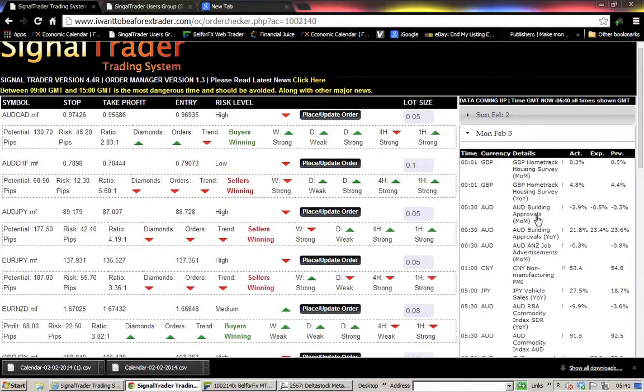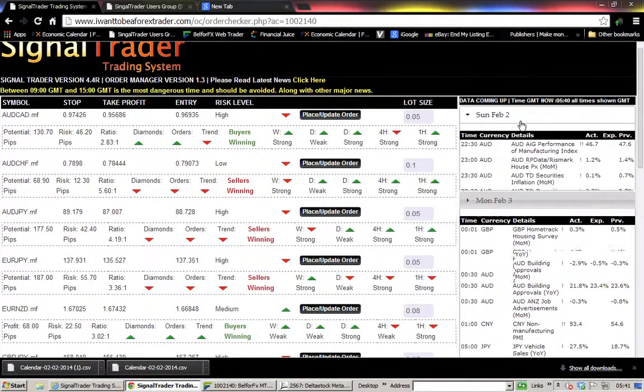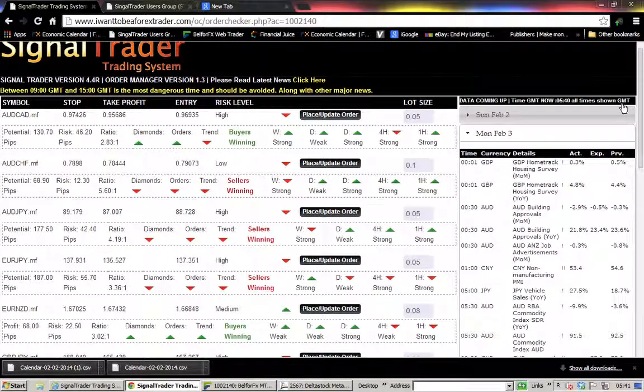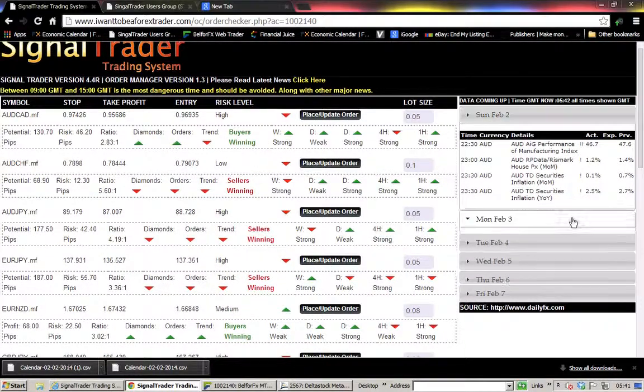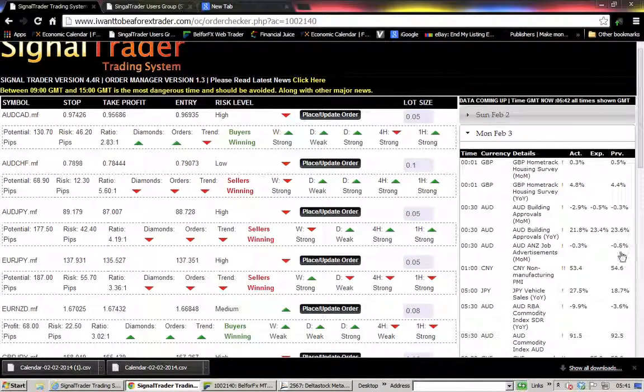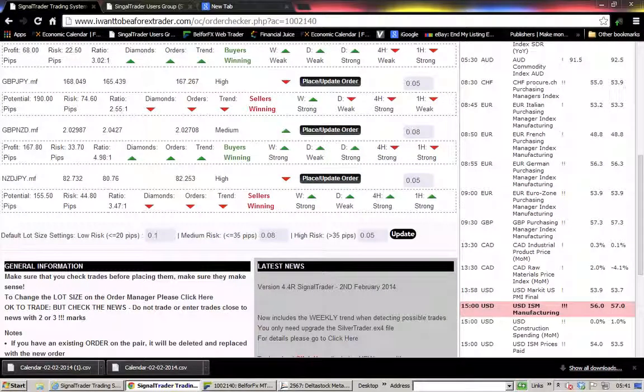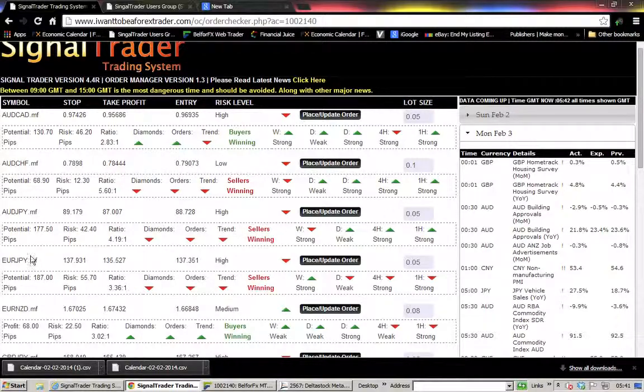Also, there's the news. It's Monday today, so just have a quick look at that. This gives you all the news that's coming in and what's coming next, which is quite useful. So when one of these gets highlighted red or green, then we know that everything's in line for a trade.